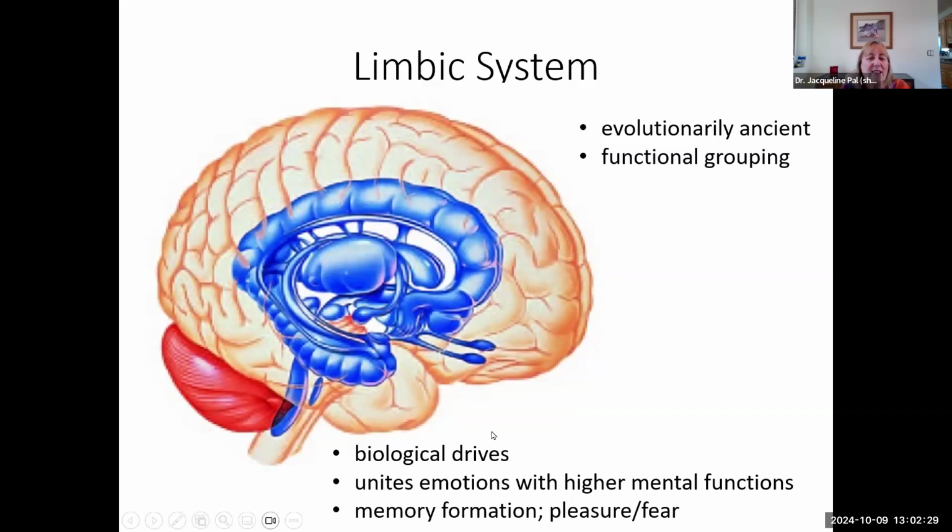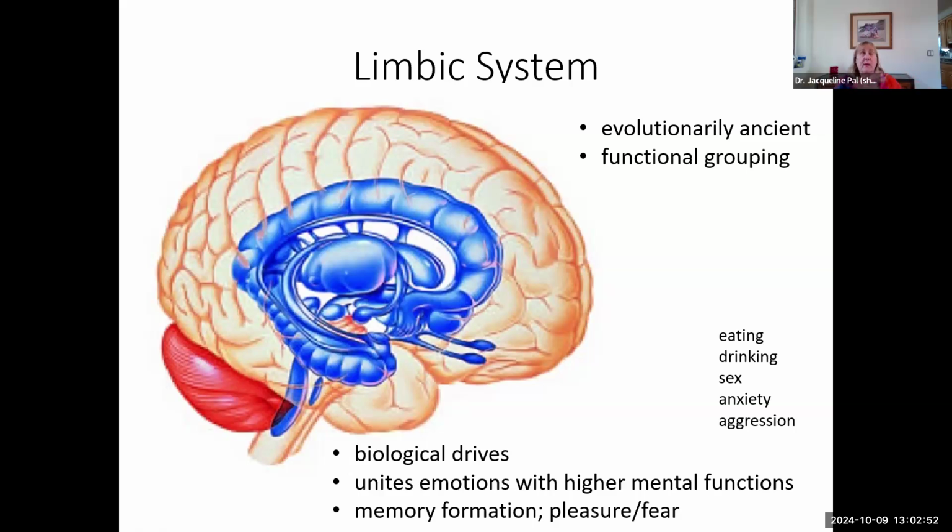It's going to be uniting some biological drives and some emotions with higher mental functions. It's going to have stuff to do with pleasure and fear and memory formation. So it's going to involve things like smell and food and drinking and sex and anxiety and aggression.